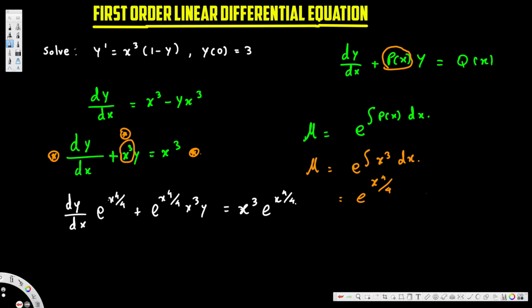Now the reason we are using the integrating factor is to simplify. When we multiply by the integrating factor, take the first part alone: the derivative d over dx of y e power x power 4 divided by 4, where I move the y inside. If you find the derivative of this one, you will get a chain rule, and that will give you this result.